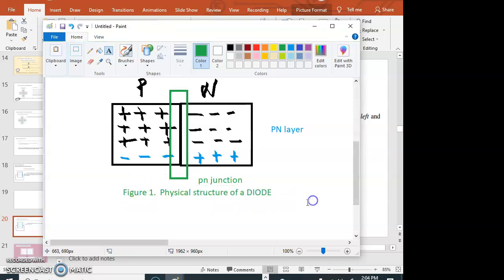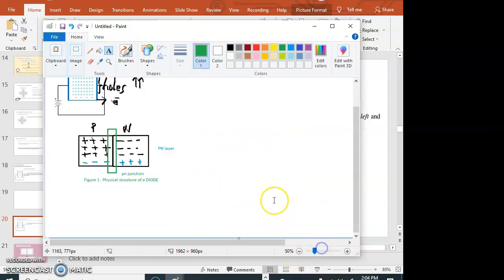And next, if I'm going to draw the schematic diagram of the diode, you'll have it like this. You have a vertical straight line, a triangle, and then the bar. The bar represents the negative terminal because it has more electrons.